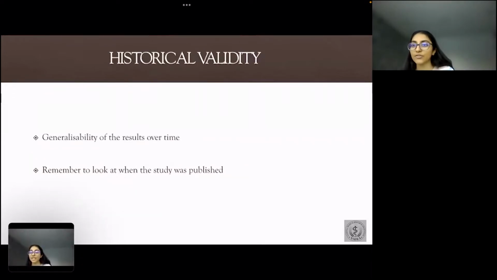Okay, so historical validity. This one is quite straightforward to understand. This is the extent to which the results of a study can be generalized over time. Let's say you see a paper from 60 years ago, and you see an association then, but you have to think, how applicable is that to now? That's just something to note.